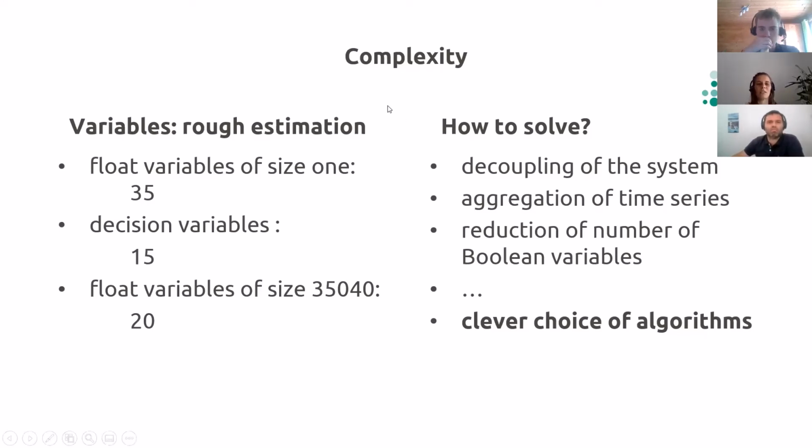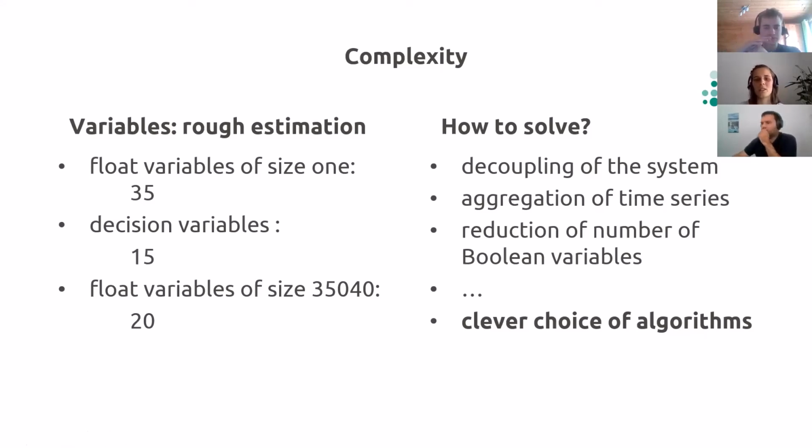Technically, this could all be formulated within a MILP, a mixed integer linear programming. The problem is that the time it needs to be solved will be exploding. So we have to do things to simplify the system. And as Cruz said before, the best thing to do is always to decouple things.